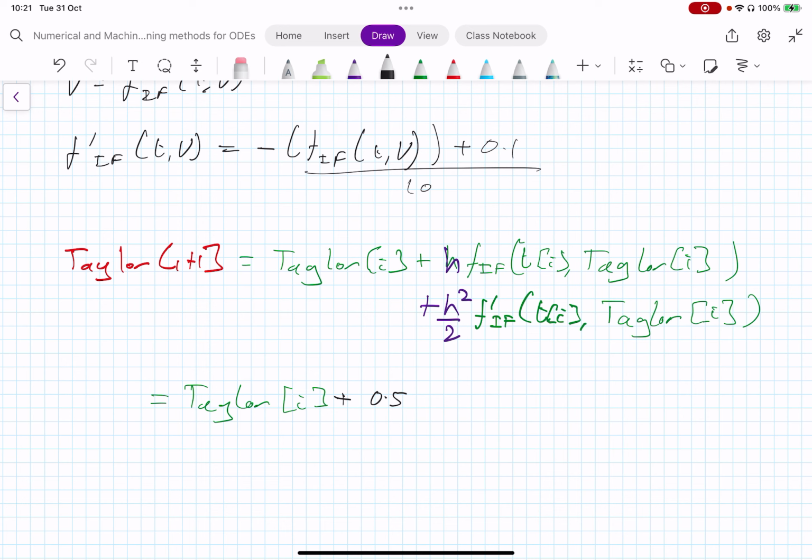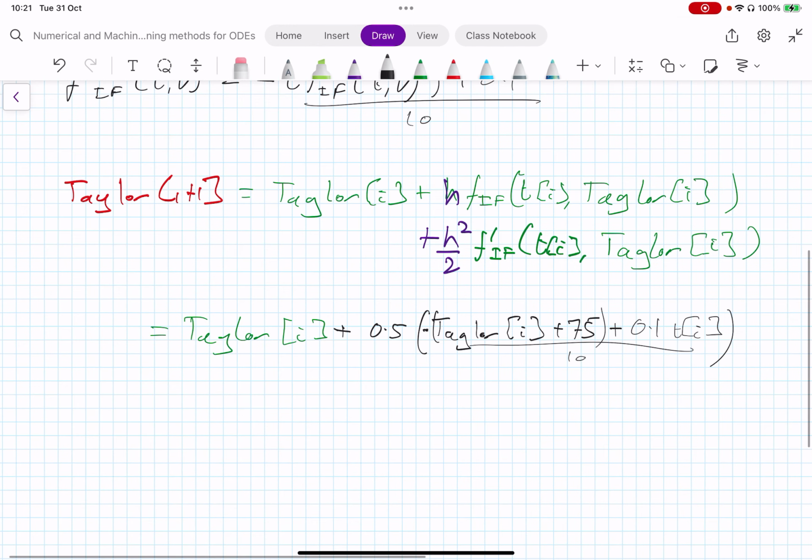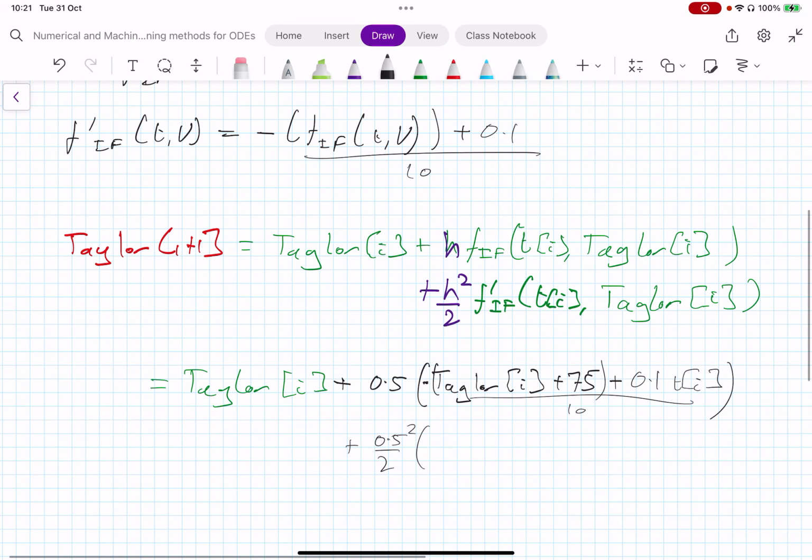Now this first part will be identical to the Euler method, except we have the word Taylor: minus Taylor i plus 75 plus 0.1 t_i, all divided by 10, plus 0.5 squared divided by 2.